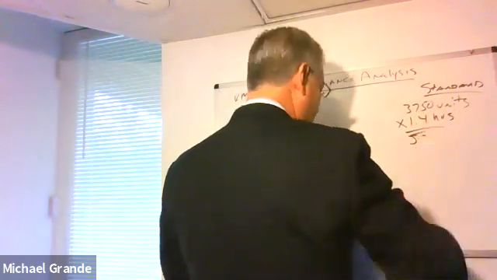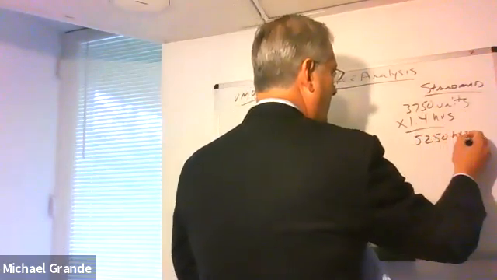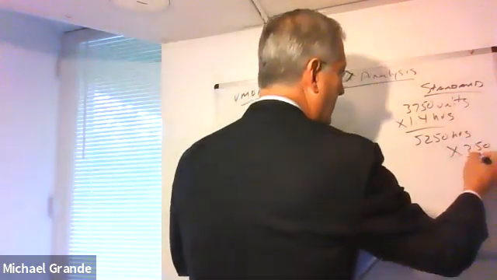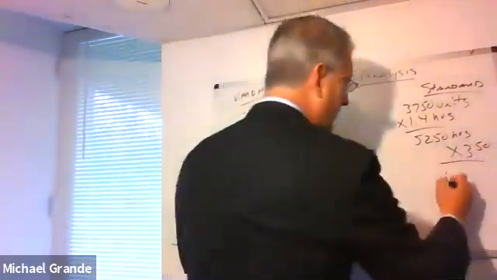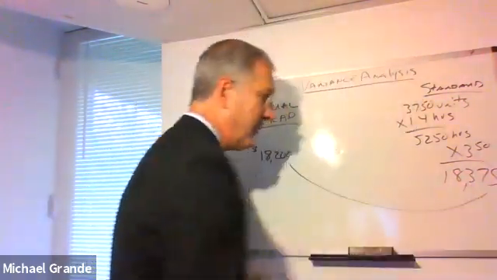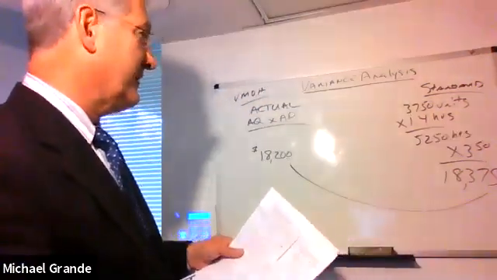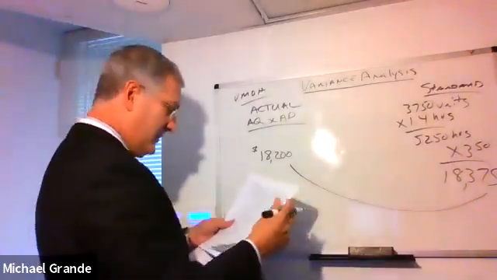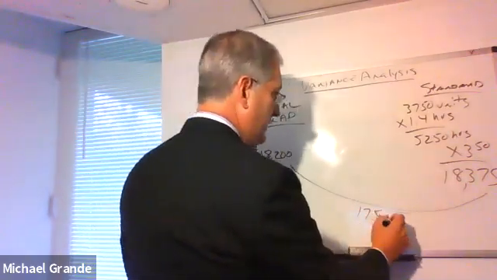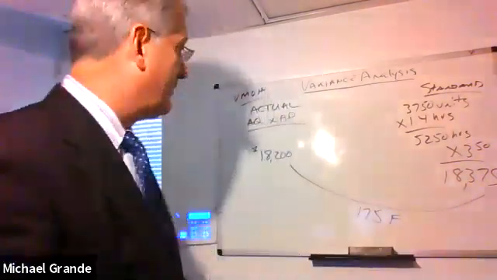They should have used 5,250 hours at a predetermined overhead rate of 3.50. This is 18,375. So you can see the overall variance of $175. Favorable, my apologies. $175 favorable.